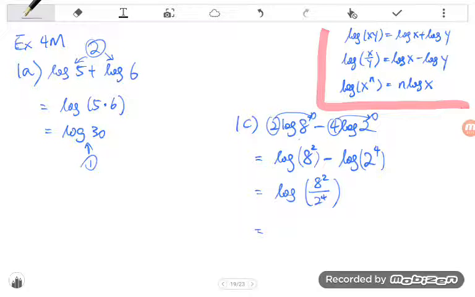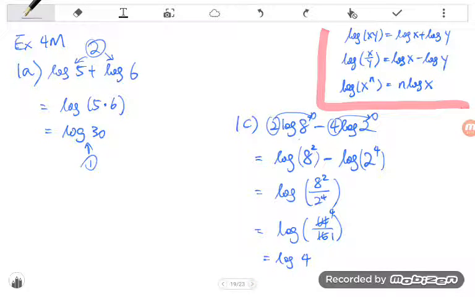This can be further simplified: 64 over 16, which is equal to log of 4. So that's it. I have just expressed 2 logs on the left into 1 log.